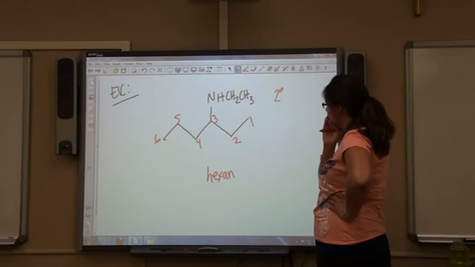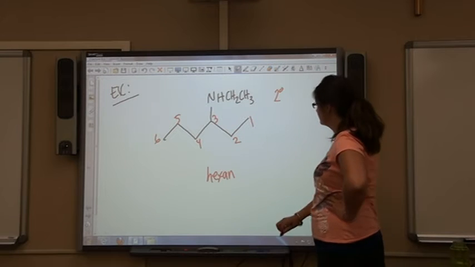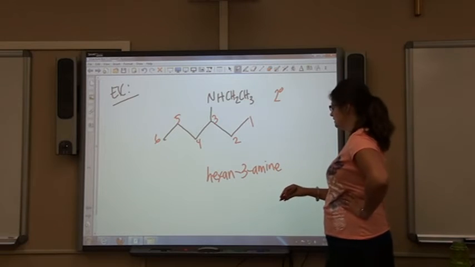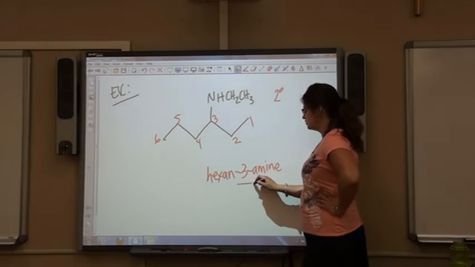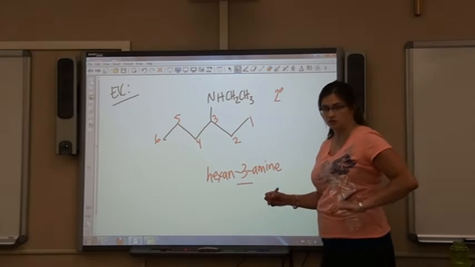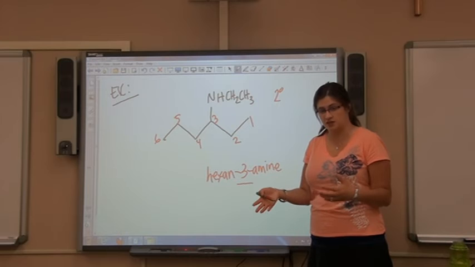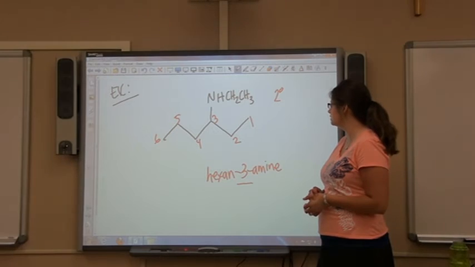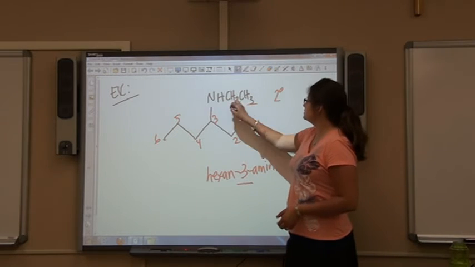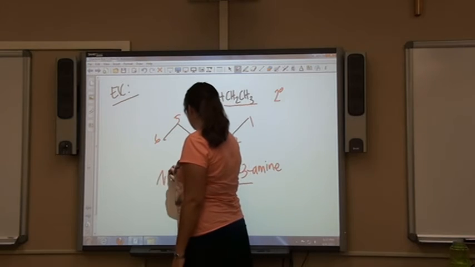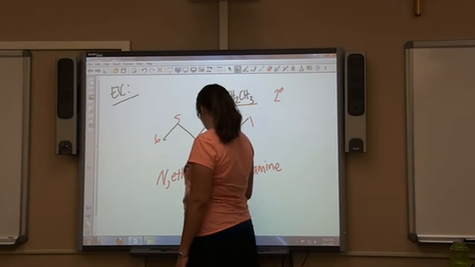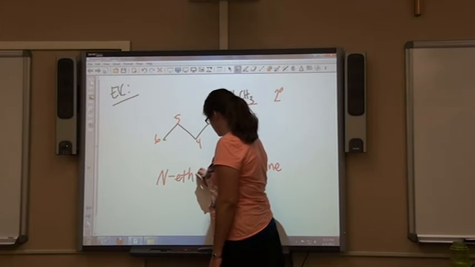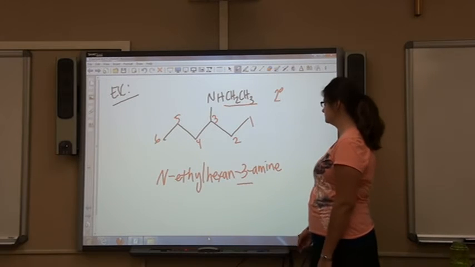Trying to think if there was an easier way to explain this. You're just going to have to identify that your amine is on carbon 3 by putting the 3 in between the parent name and your suffix that identifies your functional group. So hexan-3-amine. And then we have one other substituent that's an ethyl. So we have to write N-ethylhexan-3-amine.